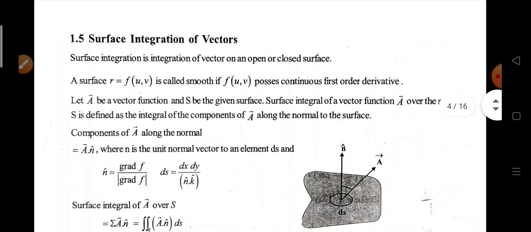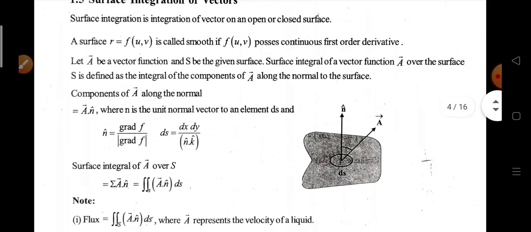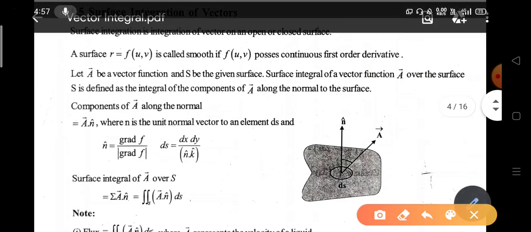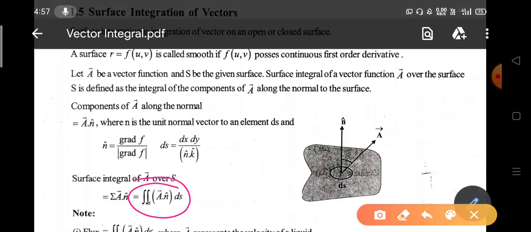So this is the surface integration of a vector. The surface integration of a vector is denoted by the surface integral over S of A dot n cap dS, where n cap is the direction of the surface. Now how do you understand what will be the direction of the surface? Because the surface is two-dimensional. Suppose the surface is within the xy plane, the direction of the surface will be along z cap.